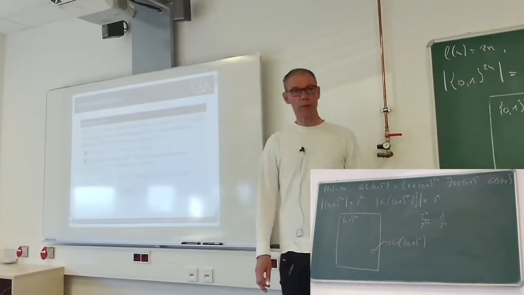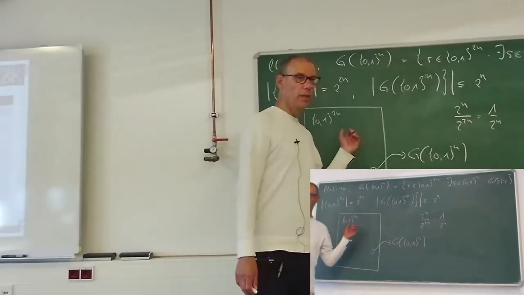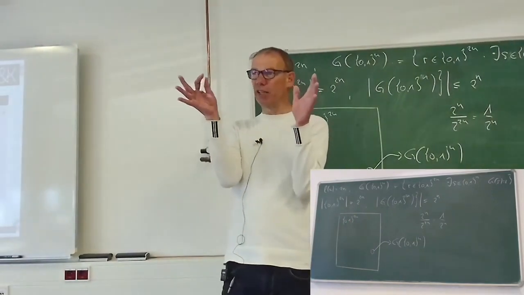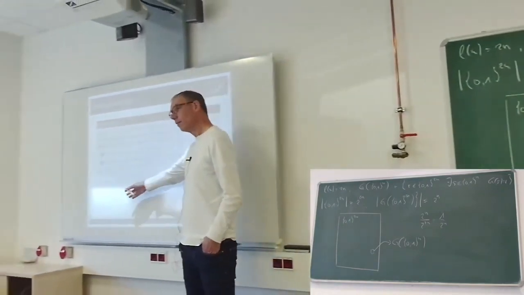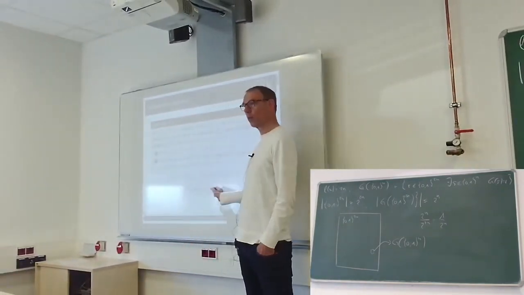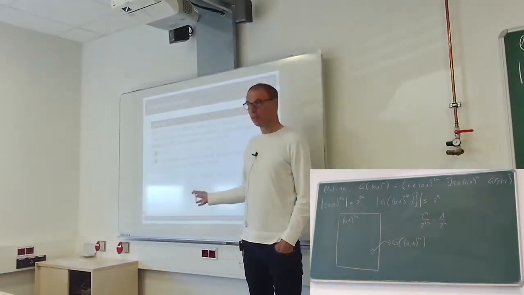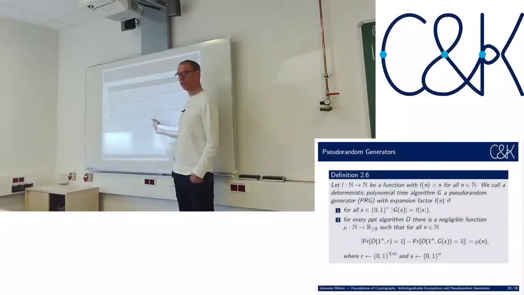Often we can see that this D lives in two different worlds. One world is this guy here, picking things uniformly at random. The other world is this here. And this says every PPT must behave similarly in the two worlds.